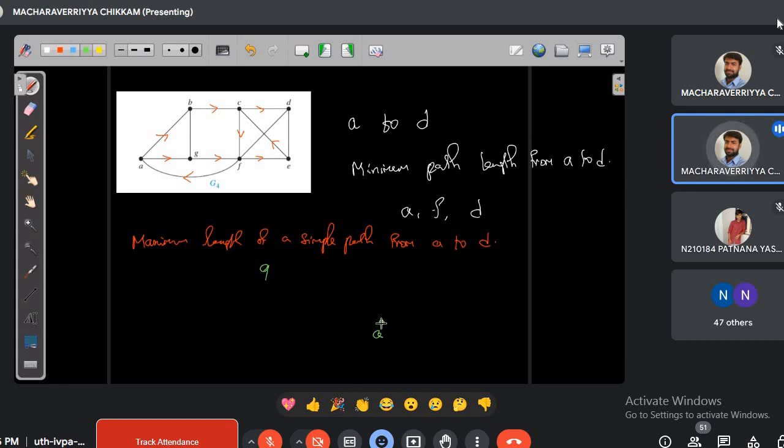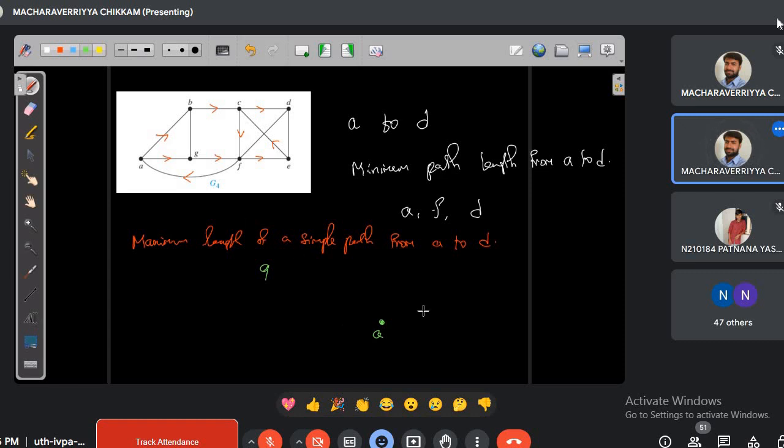So A to A, what is a path? If you have an isolated vertex, it is possible that we can say from A to A there is a path of length 0. It means no need to travel. You just sit there. You're at A, so to reach A, you just sit there. No need to move. No need to travel anywhere because from A to A we have a path length 0.